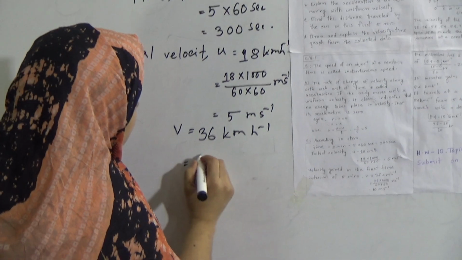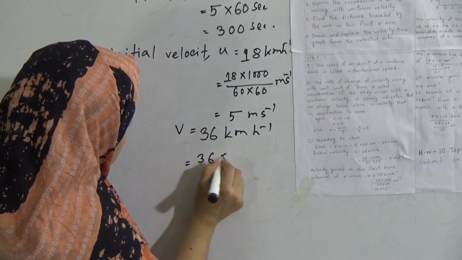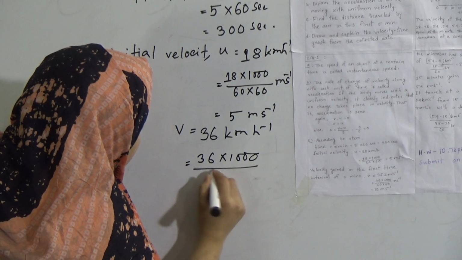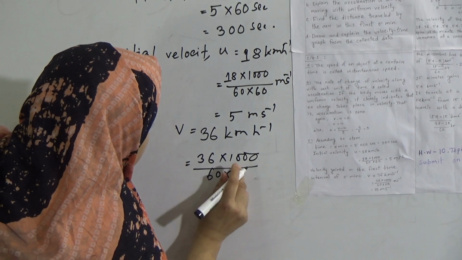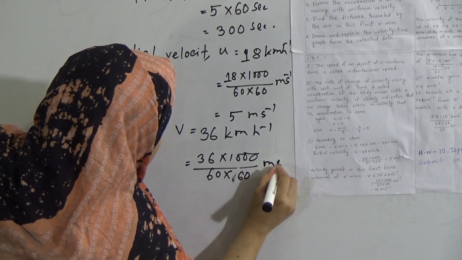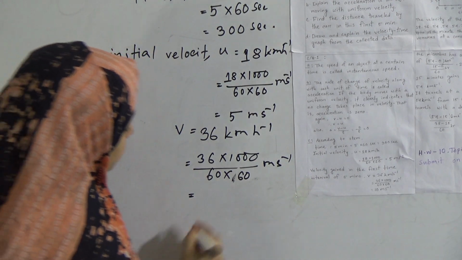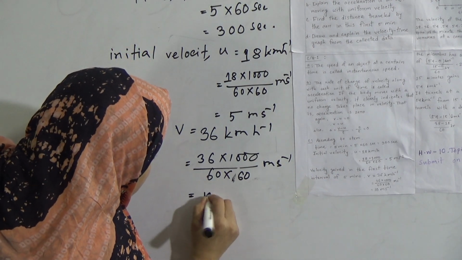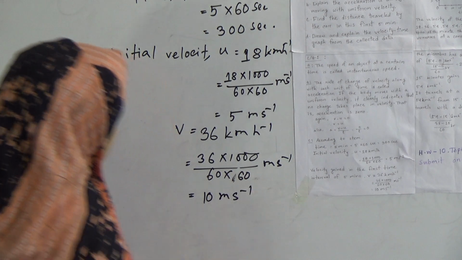We have to convert this again: 36 into 1000 divided by 60 into 60 meter per second. And from this calculation we will get 10 meter per second.